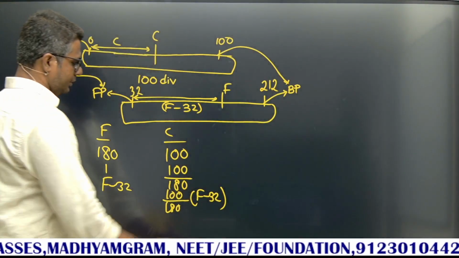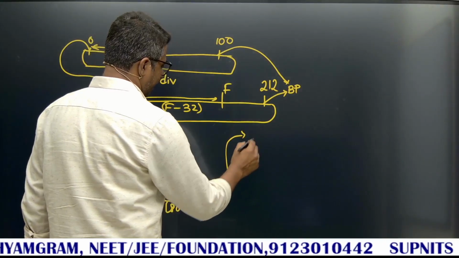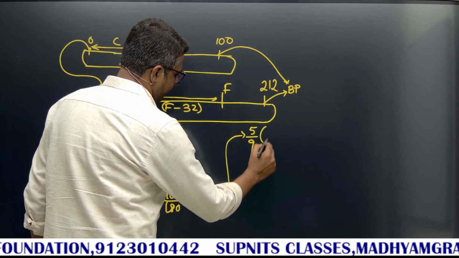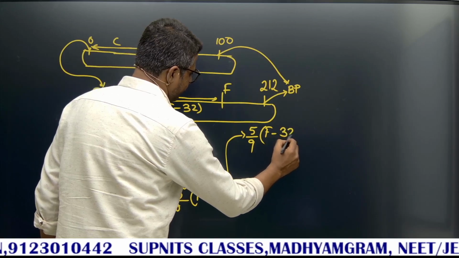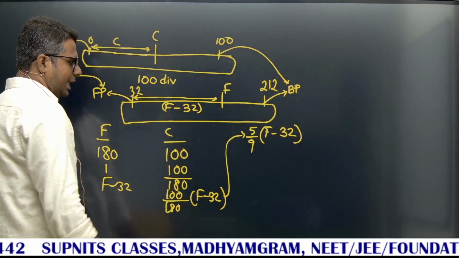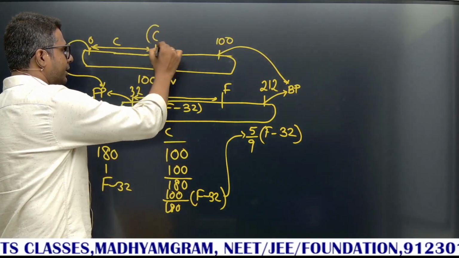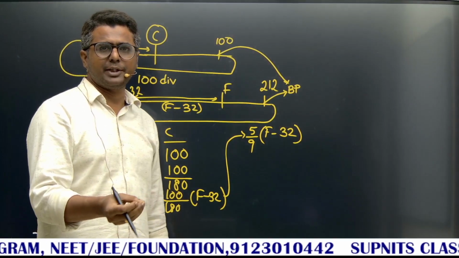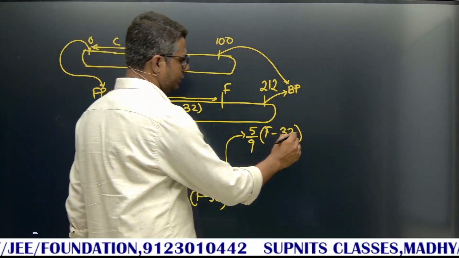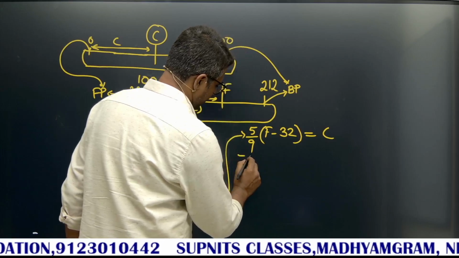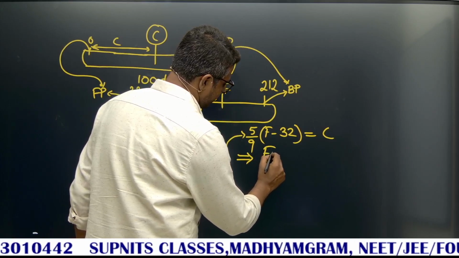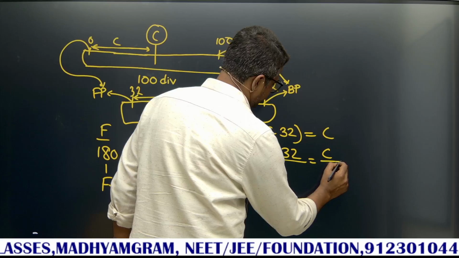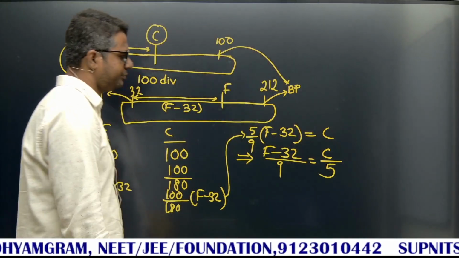So what it will be? 100 by 180, if you cancel it out, it will come out to be 5 by 9 into F minus 32, and this will be equal to this temperature, because it is the same bucket of water which we have measured the temperature in different scales. So this will be C, and this is how you are going to get F minus 32 by 9 is equal to C by 5. Clear?